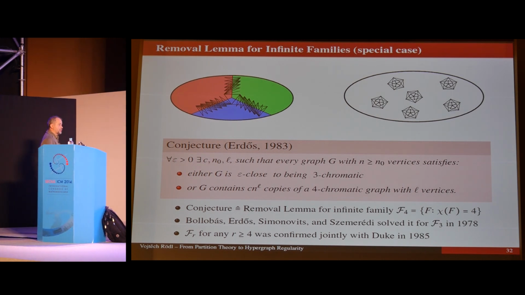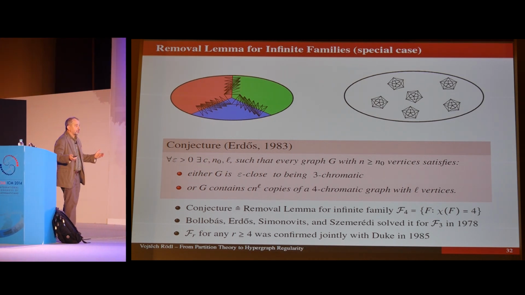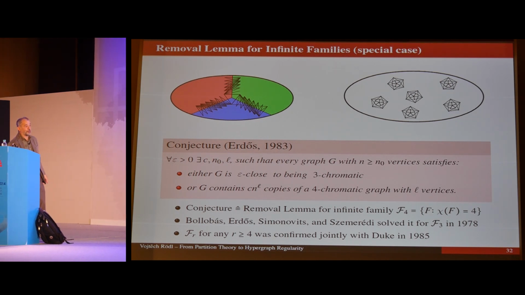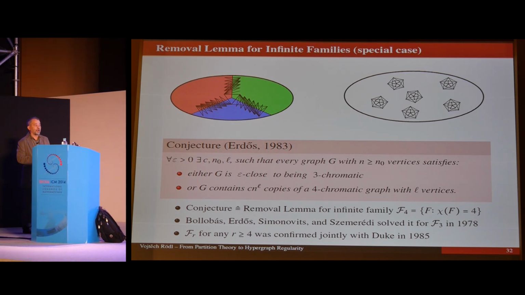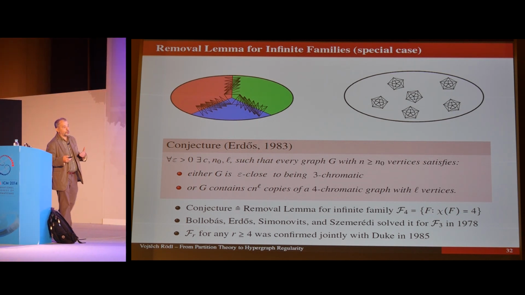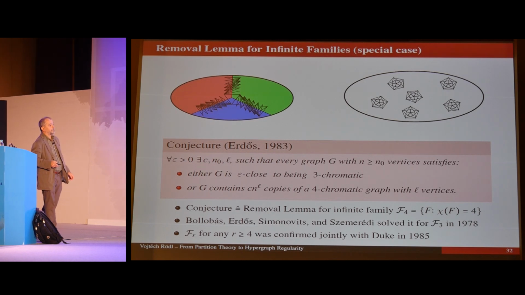I should mention that this conjecture is precisely what we would understand as a removal lemma for an infinite family, consisting of all 4-chromatic graphs.